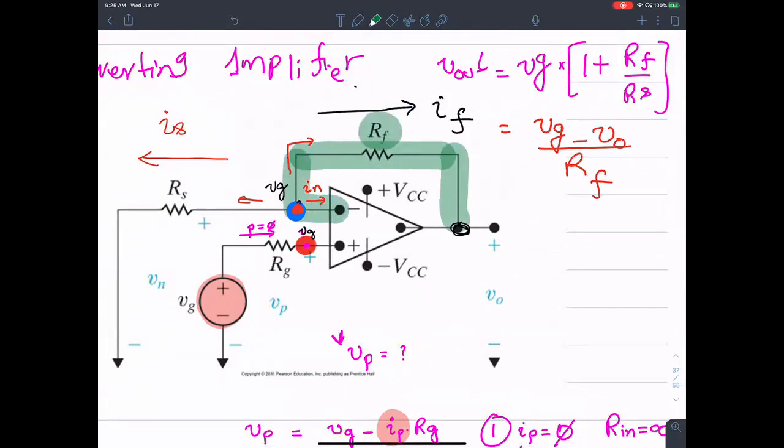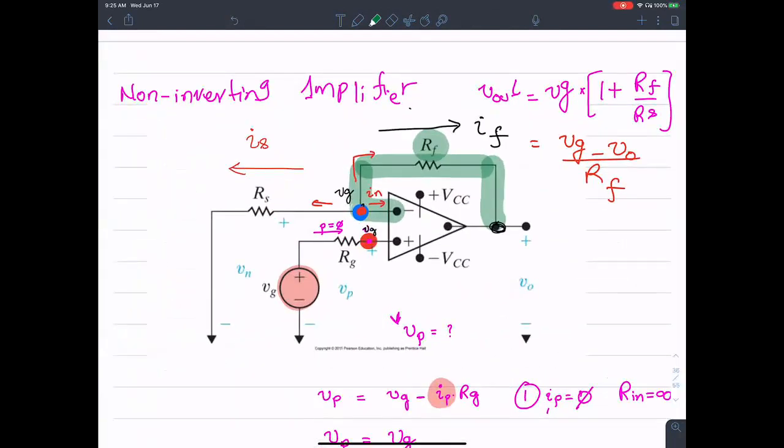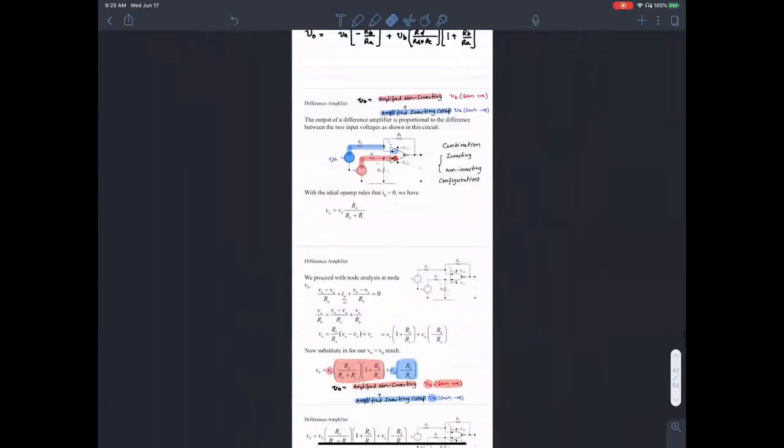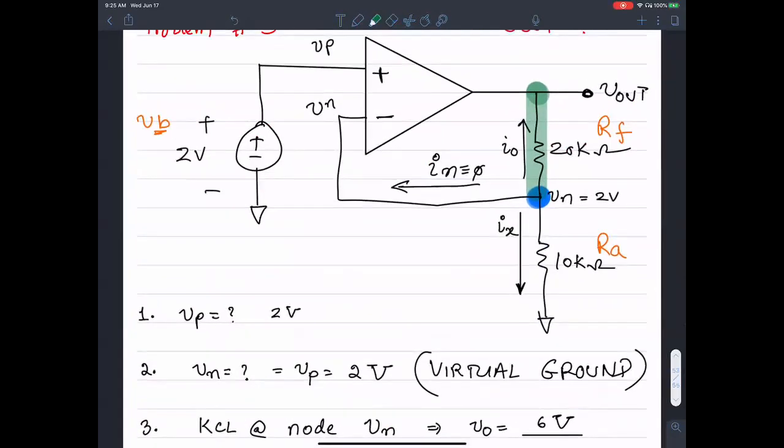That's RF, the feedback resistance. And one goes to ground. That's RA or RS. So by that logic, the resistance that is tying the output back to the negative terminal, I call that RF. And the one that's going to the ground is RS or RA.